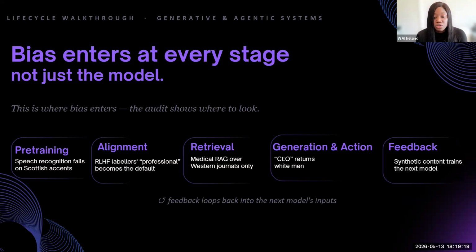But for predictive models, because these systems are much older, we have several playbooks, several frameworks that have formed over time to help us detect and correct biases in those systems, right? A few of them you might be familiar with. The NIST AI Risk Management Framework.